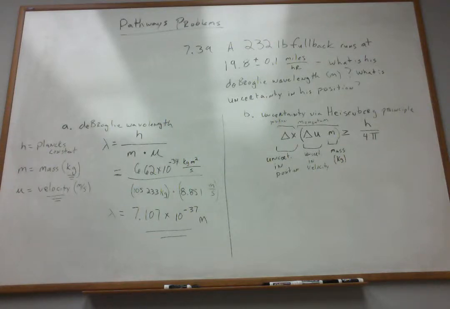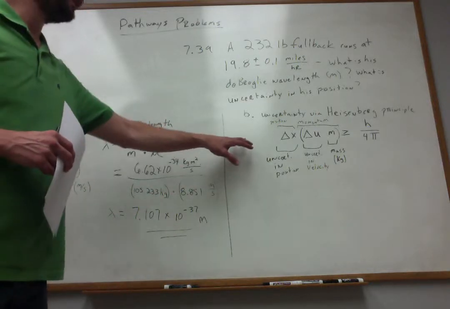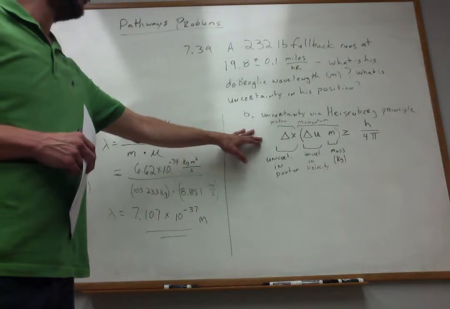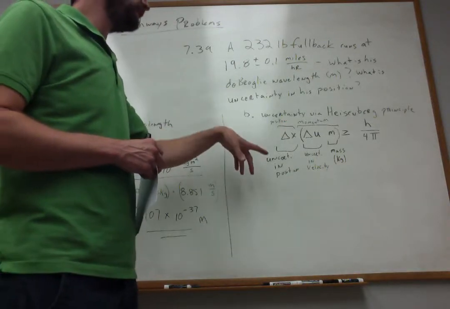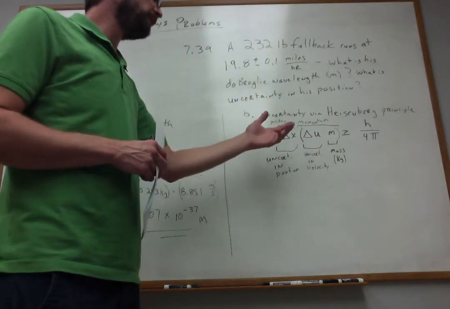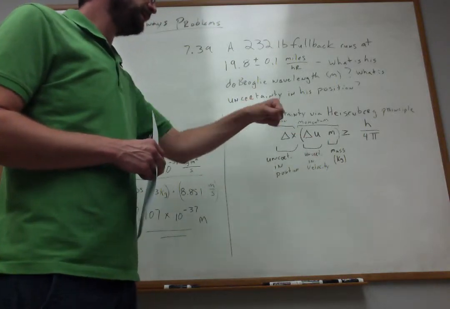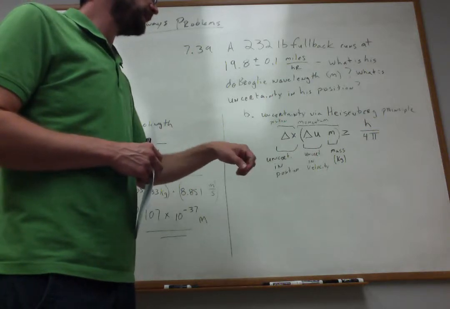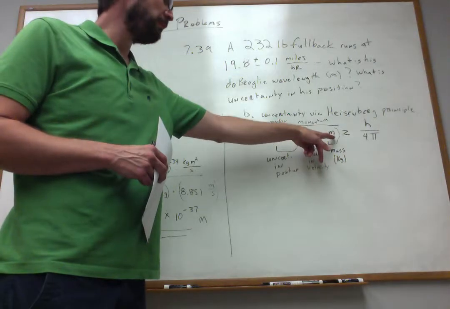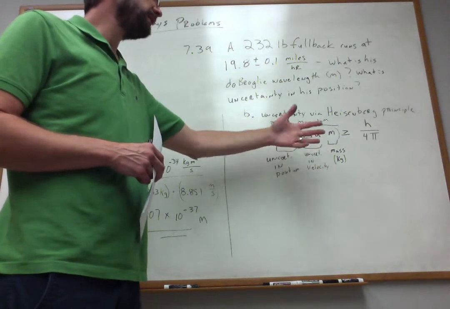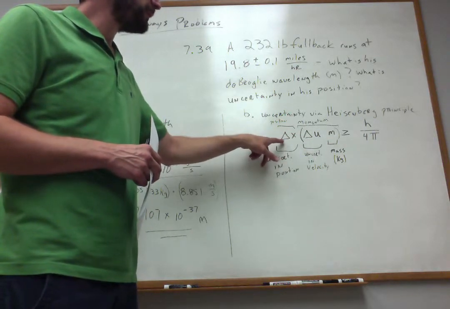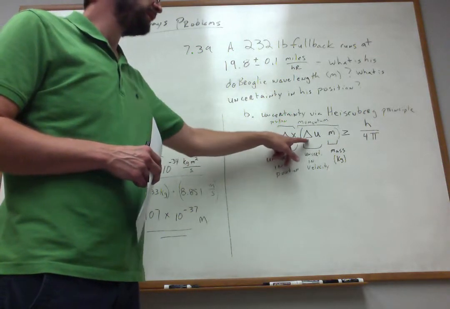Now, mathematically, what the uncertainty principle says is stated right here on the board, okay? It basically says that the product of the uncertainty in the position and the particle's momentum. So for any particle in motion, the particle has a certain position in space, and if it's got a velocity or speed, it's got a momentum associated with it, because the mass of the particle times the velocity is the momentum, okay? So these delta x and delta u terms are the uncertainty in the position and the uncertainty in the velocity.